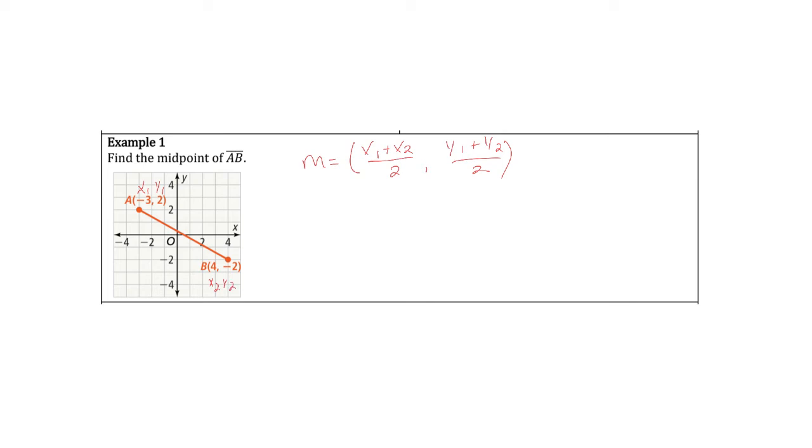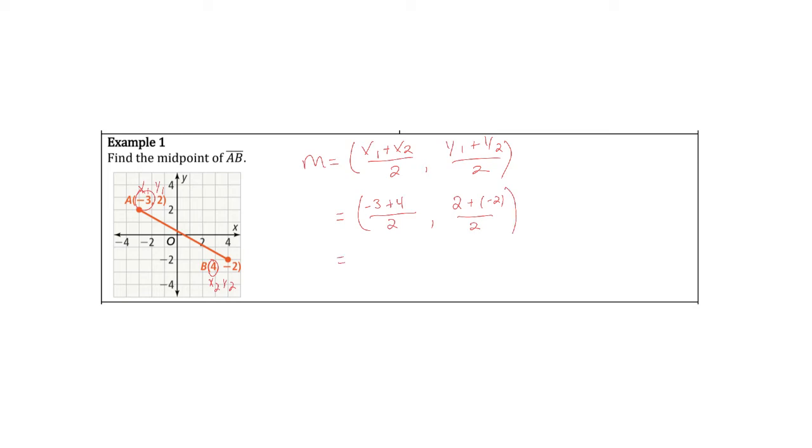So plug them in. We get -3 plus 4. Make sure you're adding just the x's first. So -3 plus 4 over 2, and then our y's are 2 plus -2 over 2.